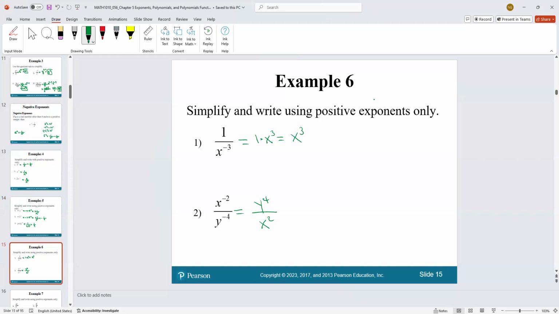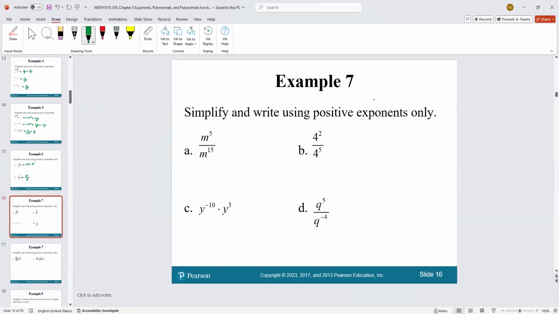Notice that to convert a power with a negative exponent to one with a positive exponent, you simply switch the power from the numerator to the denominator or vice versa and switch the exponent to its positive value. So we can do that all the time. If they ask you to do all of this, there would be no problem with that.